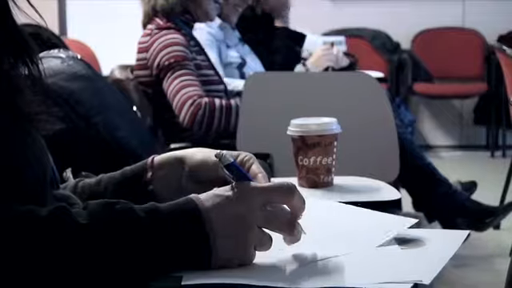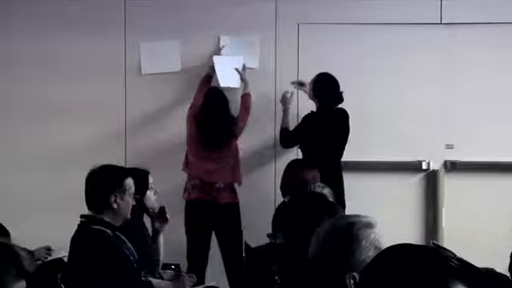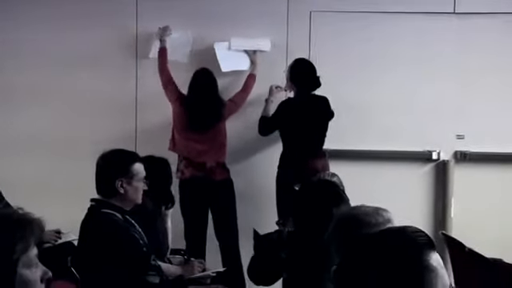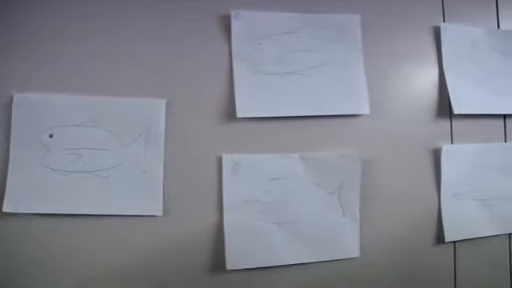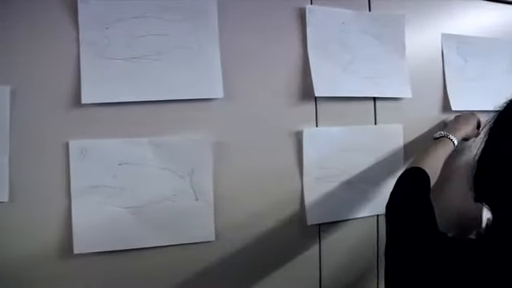And each time the teacher selects a different fish from the population, and the teacher can select for a particular trait. So maybe choosing each time the fish with the biggest mouth or the fish with the biggest fins. So at the end, the students will be able to see how the fish has changed over generations because of natural selection.